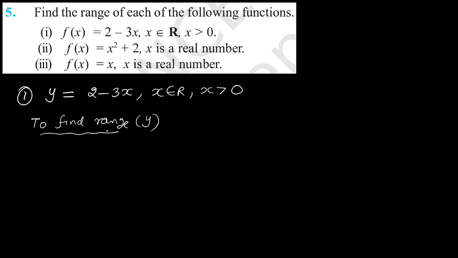In most of the indirect questions, the procedure is that the y equal to form, the equation in y equal to form, is to be converted to x equal to form. x square equal to form is also okay. So I repeat, the general method of finding range is that the equation y equal to is converted to x equal to. So this is the y equal to form, I want to convert it to x equal to form.